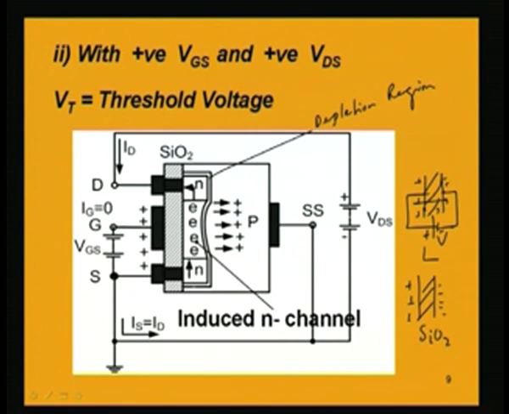So, this field will now control the current flow through the MOSFET. The current flow from drain to source, which is because of the flow of electrons from the source to drain, will now be controlled by this field present in the parallel plate capacitor formed on the two sides of this insulating material. So, the name field effect transistor is significant, because that field comes into existence and controls the current flow.